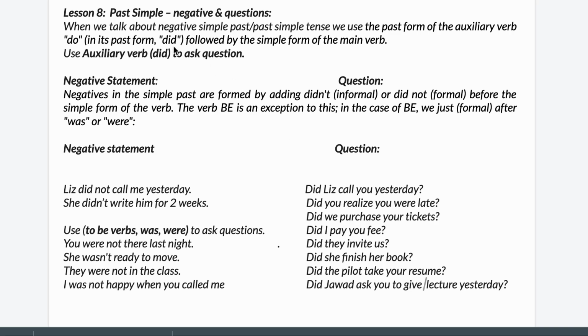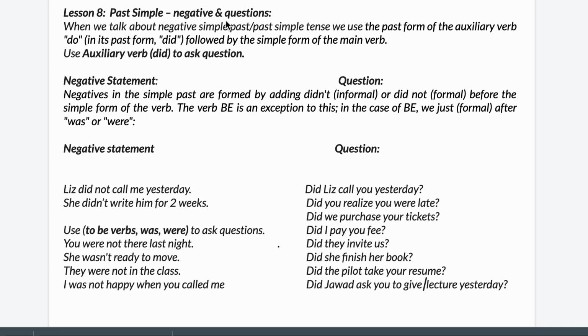So, lesson 8: past simple, negative, and questions. We will talk about the negative form of the verb, how we make a sentence negative, and how to make a question. Before starting, I would like to give you a general scope of how we make our sentences negative.